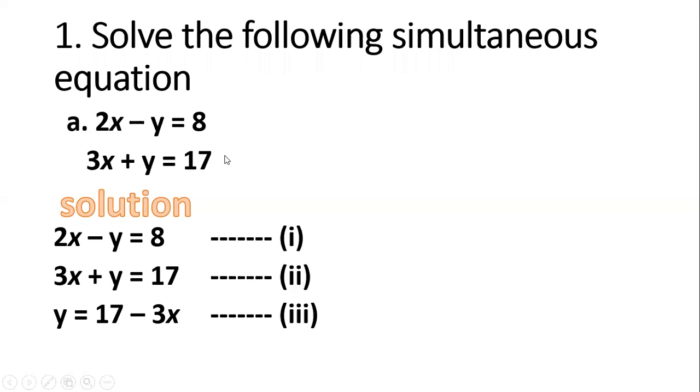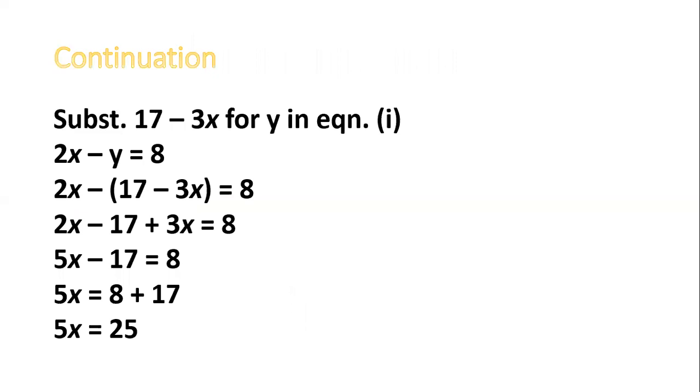So equation 1, 2x minus y equals 8. Equation 2, 3x plus y equals 17. So making y the subject of the formula, I have y equals 17 minus 3x, equation 3. So that's the substitution method.